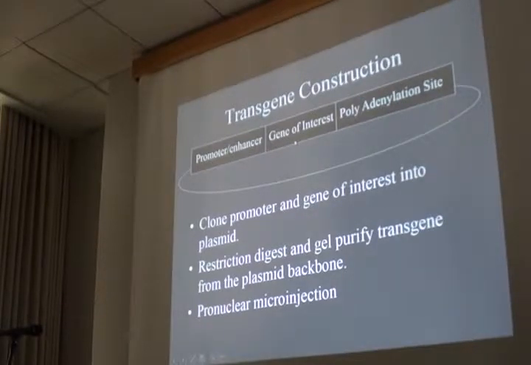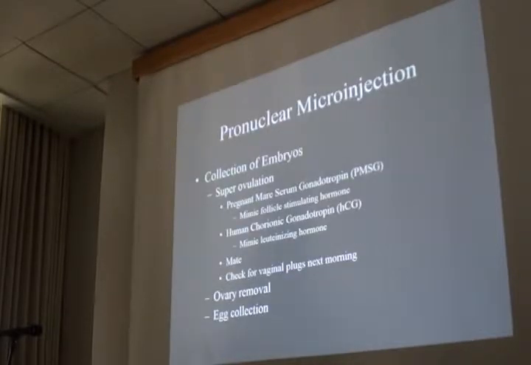Okay. And then you have a polyadenylation signal. And then you'll do a restriction digest and purify your promoter, your gene of interest, and the polyadenylation signal away from the plasmid backbone, and then do your pronuclear injection.